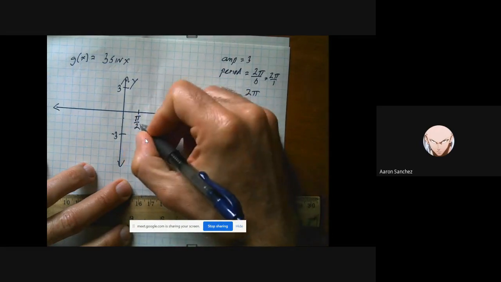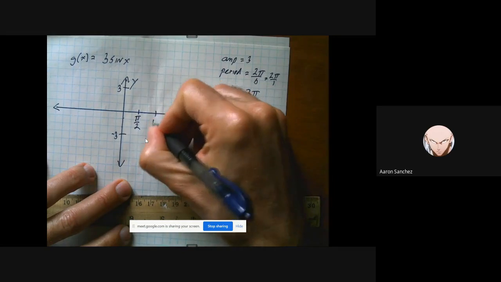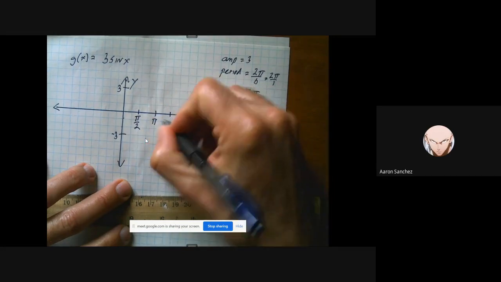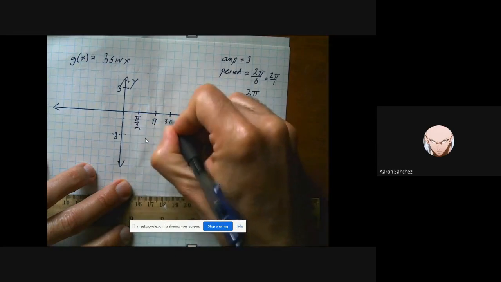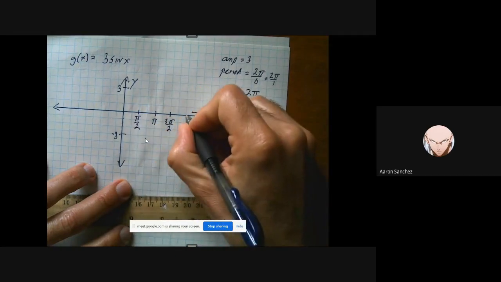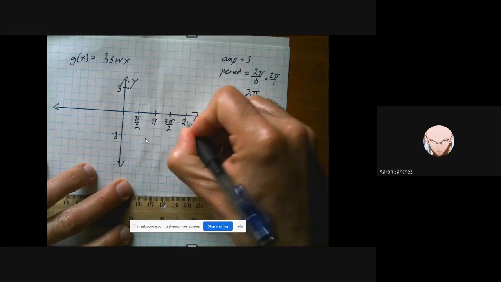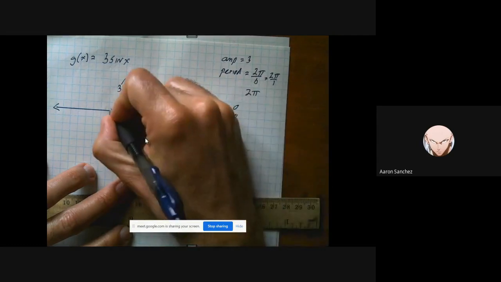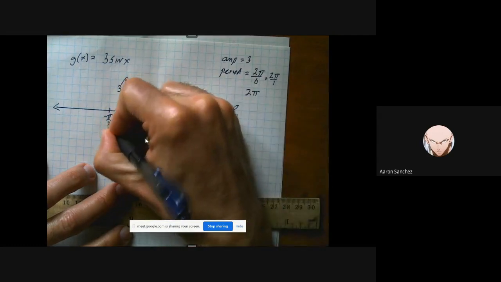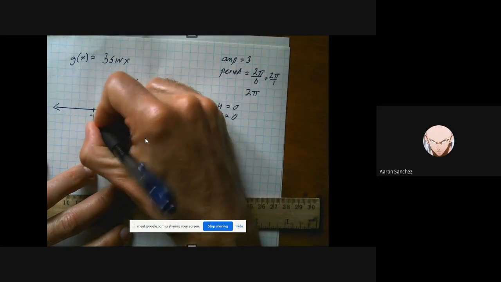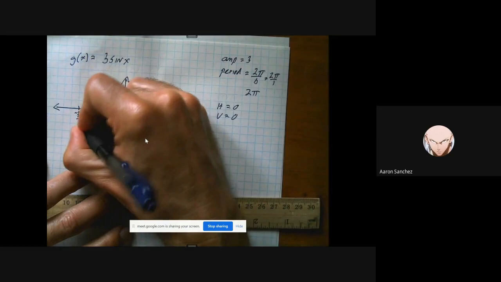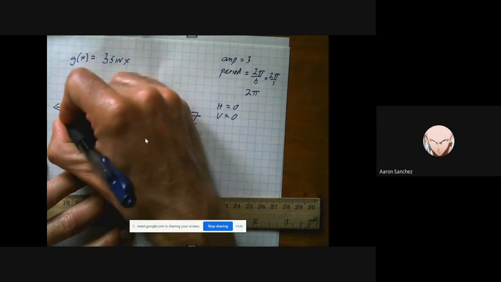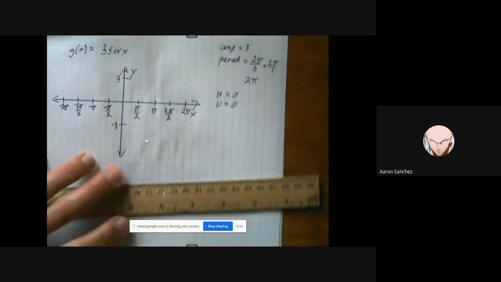That's pi over 2, 2 pi over 2 is pi, then 3 pi over 2, and then 4 pi over 2, which is just 2 pi. And then you go in this direction. Negative pi over 2, negative 2 pi over 2, which is negative pi, negative 3 pi over 2, and then negative 4 pi over 2, which is negative 2 pi. Boom. Okay, there's my function.